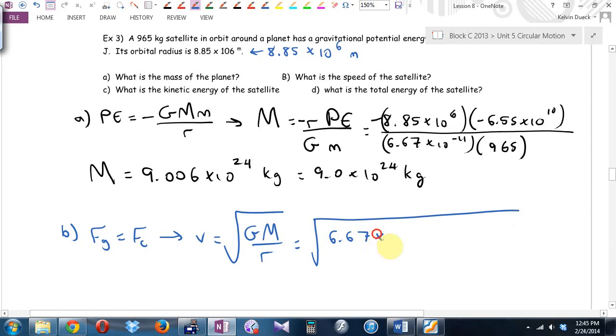6.67 times 10 to the negative 11, 9.006 times 10 to the 24th, divided by, what was the orbital radius? 8.85 times 10 to the 6th.